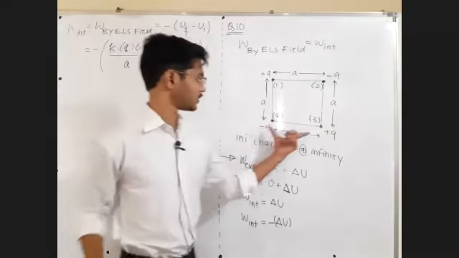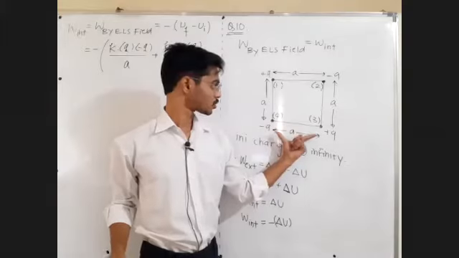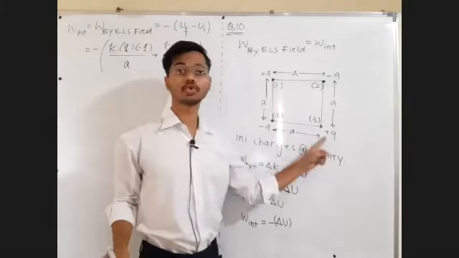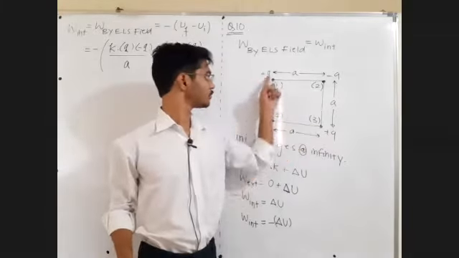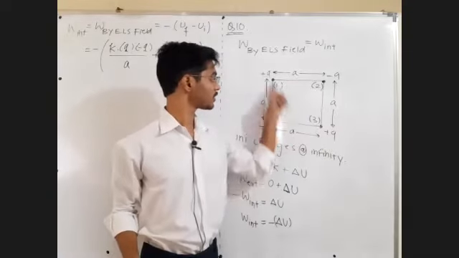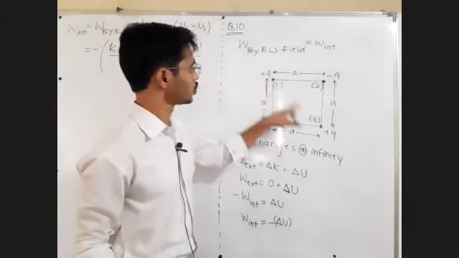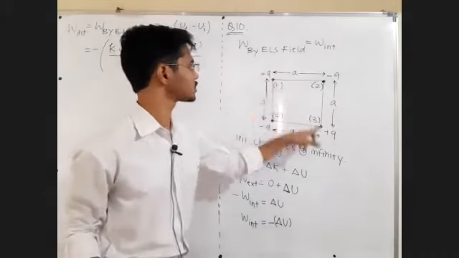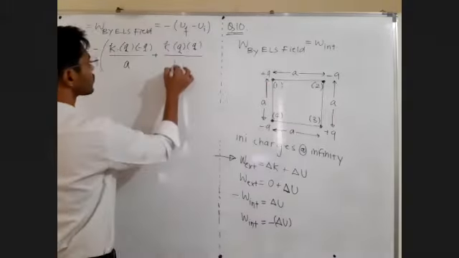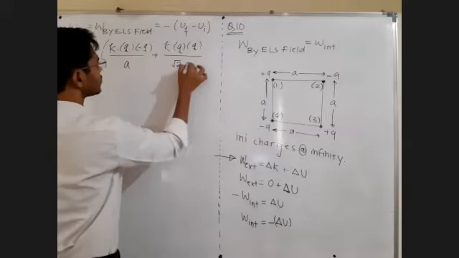Now by the Pythagoras rule, if this side is a and this side is a, automatically this side will become root 2 a. So the distance between 1 and 3 is root 2 a. Write it directly.